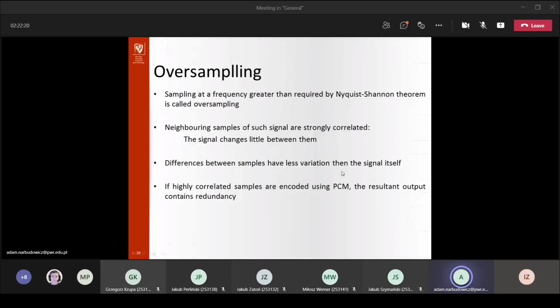So hopefully it is clear that this is also a form of redundancy, of transmitting more information than you really need to. And if you do a lot of oversampling, basically your system is not efficient, right? Because then you transmit a lot of bits which are correlated with each other. So basically there's, again, little variation, little surprise effect.